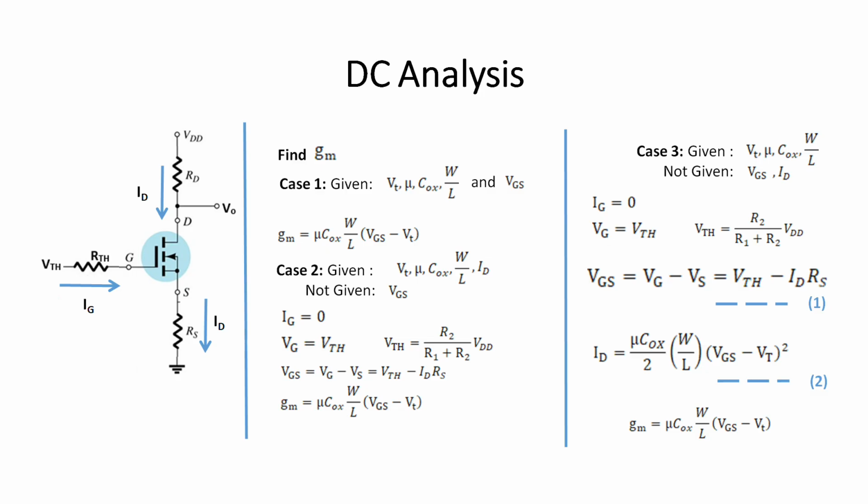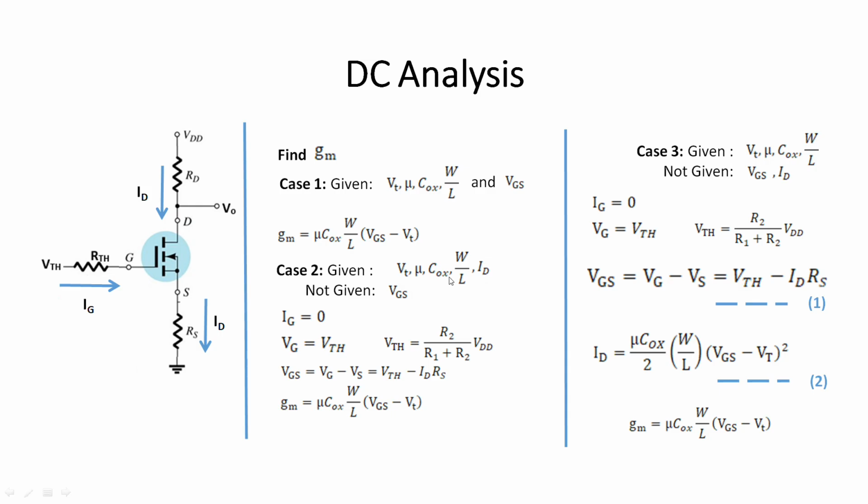Then we can find the transconductance easily using this formula, where transconductance gm equals mu Cox W by L into VGS minus VT.